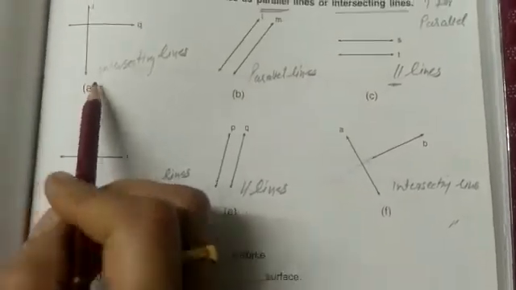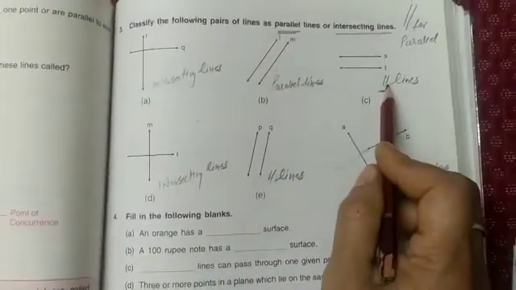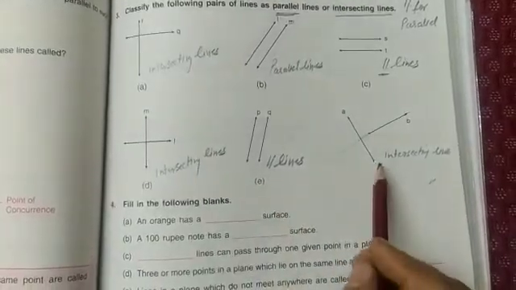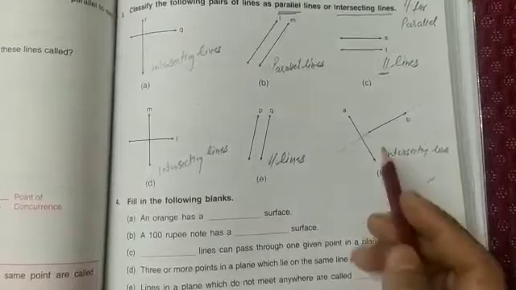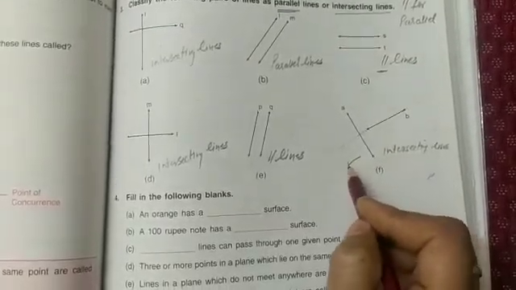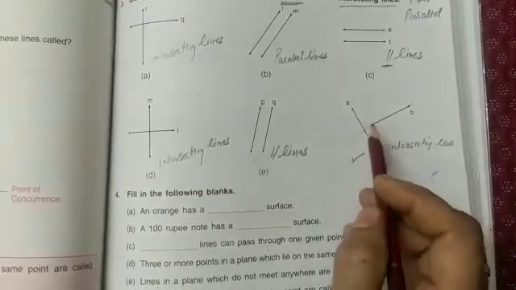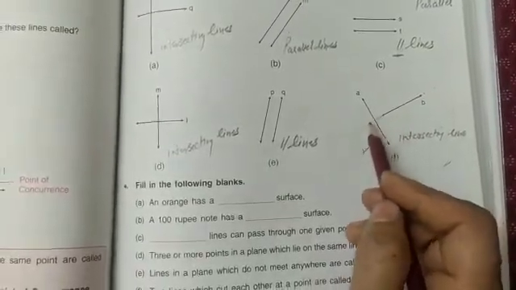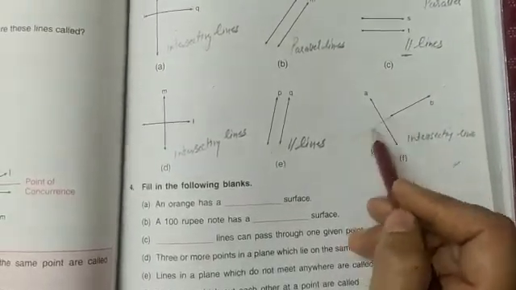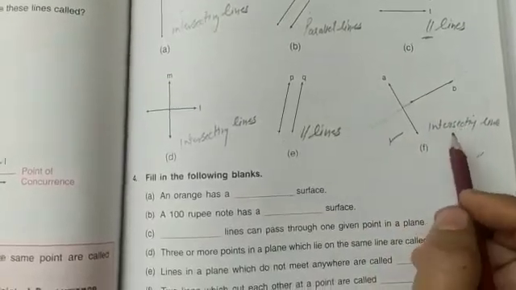A is your intersecting, B parallel, C is again parallel, D is intersecting, E is parallel, and F is your intersecting line. So F part थोड़ा सा डिफरेंट है, इसको क्लियर कर लेना. Okay, because ये लाइन है and it can be extended to both sides. That's why एक पॉइंट पे टच करेगी, ये आपको इंटरसेक्ट करेगी. That's why it is your intersecting line.